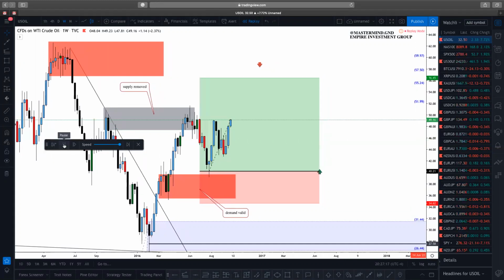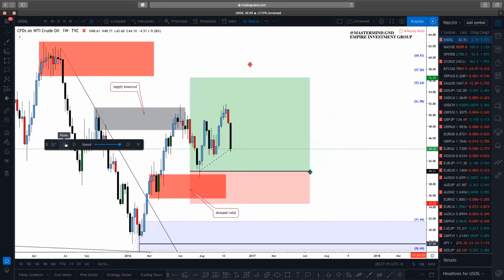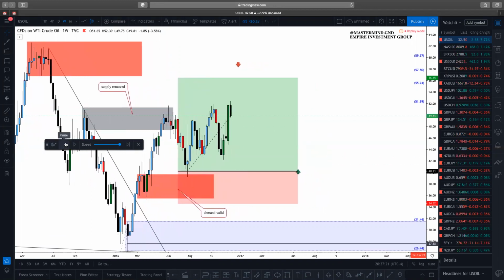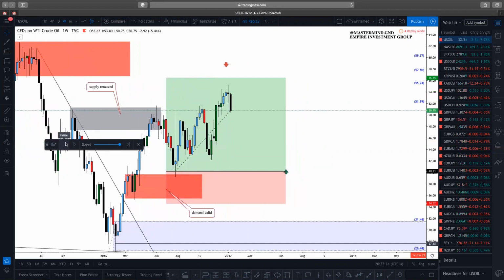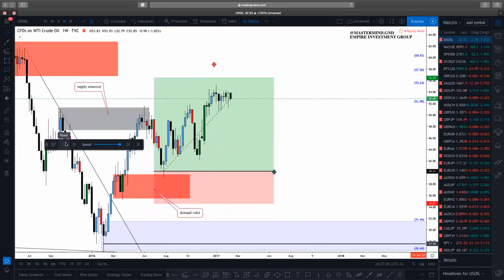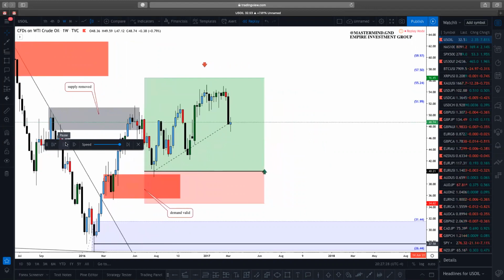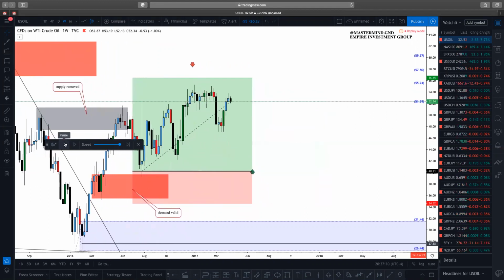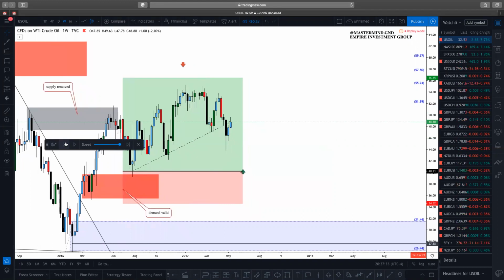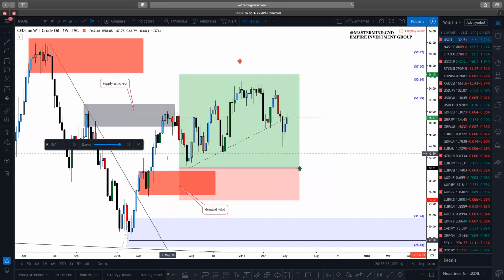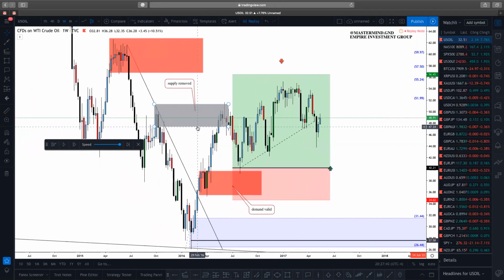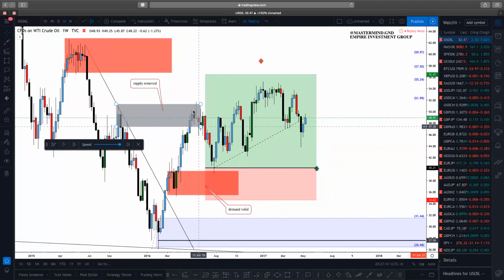So let me speed it up. But yeah, all right, so let's see if we could find another scenario, right? We have rally, base, drop.